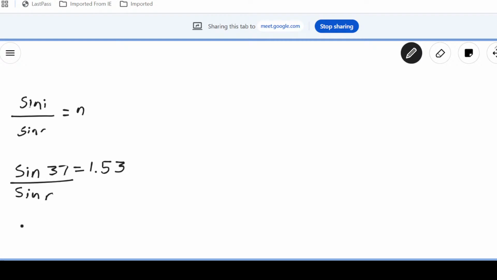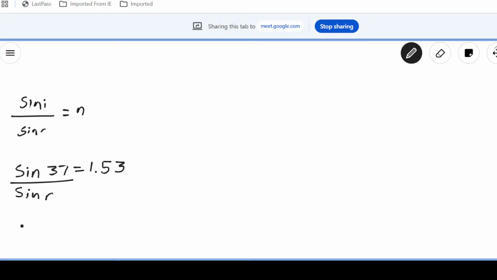Of course, that's not the angle. If you get a value like that, it suggests that you're not done. We'd have to take the sine inverse too, because it's r we want, not sine r. So we need the sine inverse of that, which would give you 23 degrees.